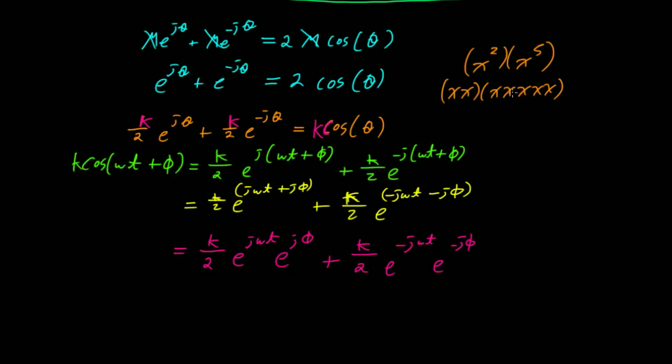So that's 1, 2, 3, 4, 5, 6, 7 x's that I'm multiplying together, so that's x to the 7. Same exact thing as if I just added 2 and 5, and the 2 plus 5 became my exponent. So if I had it like this, I can break that up like this. Instead of adding or subtracting up here, I can just multiply another e raised to that exponent. So hopefully that makes sense to you.